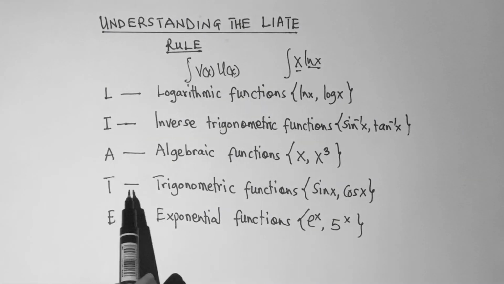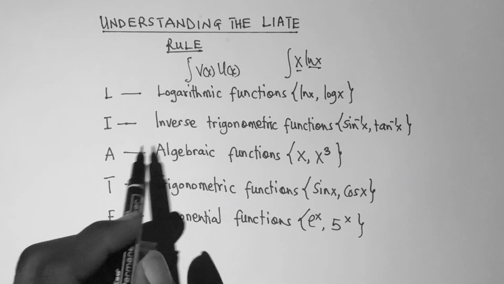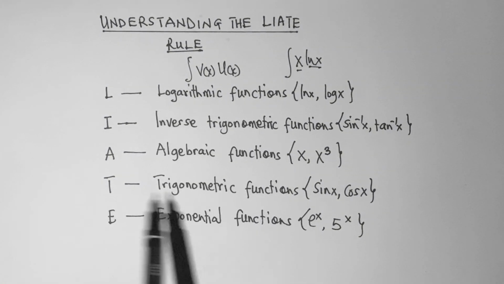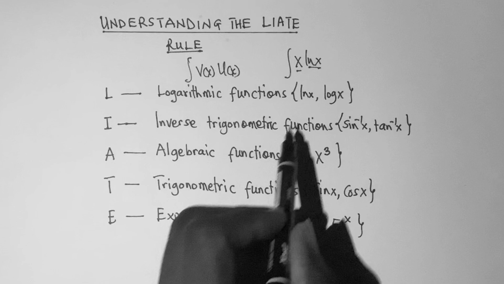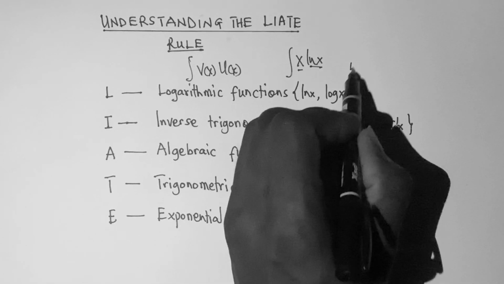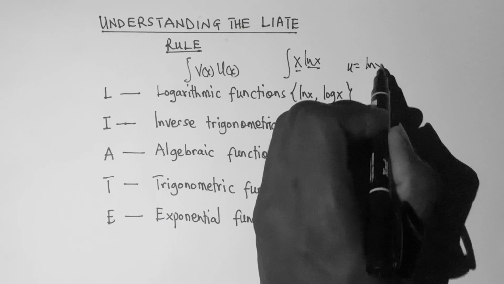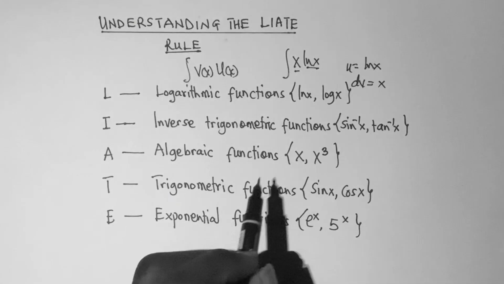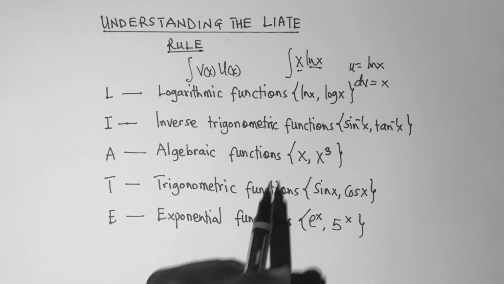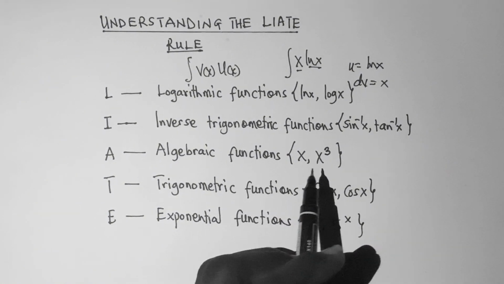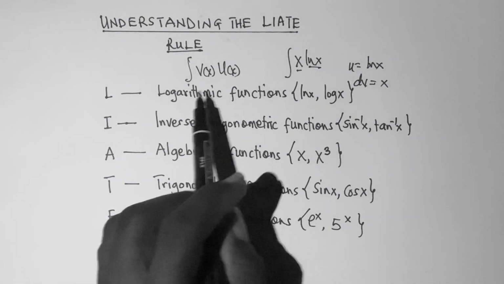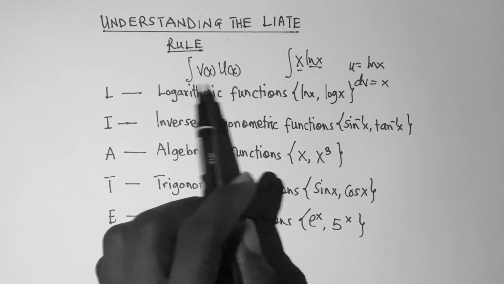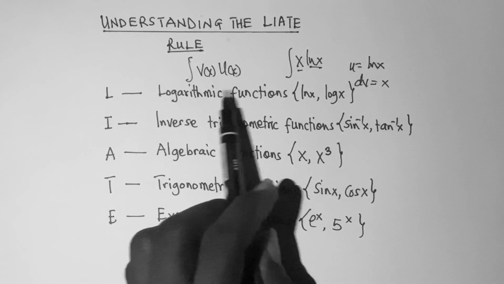When we check the LIATE rule, the logarithmic function comes first before the algebraic function. So in this case, our u becomes ln x, and our dv becomes x. So the LIATE rule gives us a perfect understanding of what to do in the instances where we are supposed to use the rule for integration by parts.